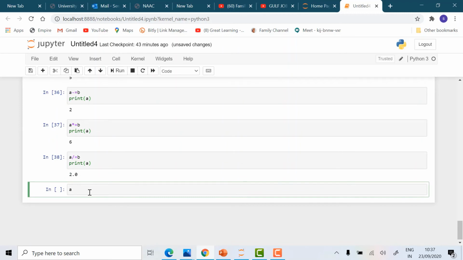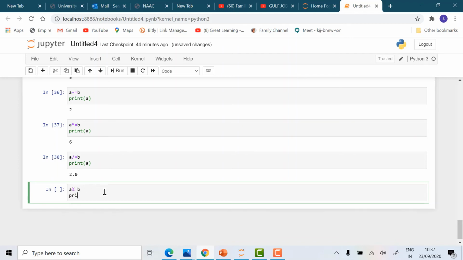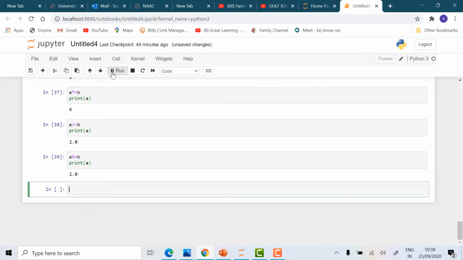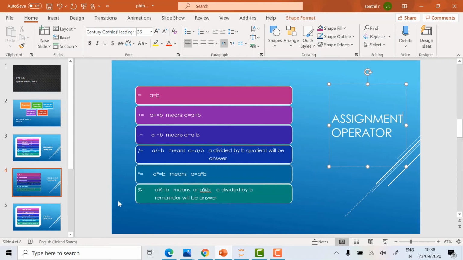Then A modulus equal to B. That is A equal to A divided by B only, but it will take the remainder as the answer, not the quotient. Then print of A. Because A's value is 2 again, it is giving the remainder value. So that's about the assignment operators.